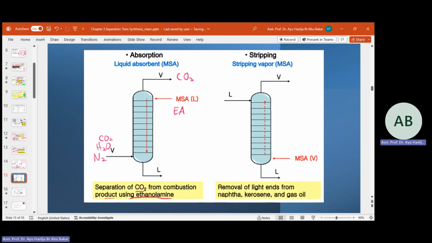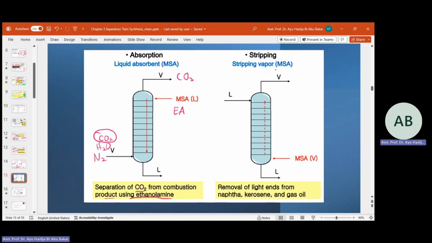It depends on your fuel again. So the main focus over here is to separate the CO2. It uses the ethanolamine as the MSA in liquid form. So the EA will absorb all those gases apart from CO2, so it will release only CO2.